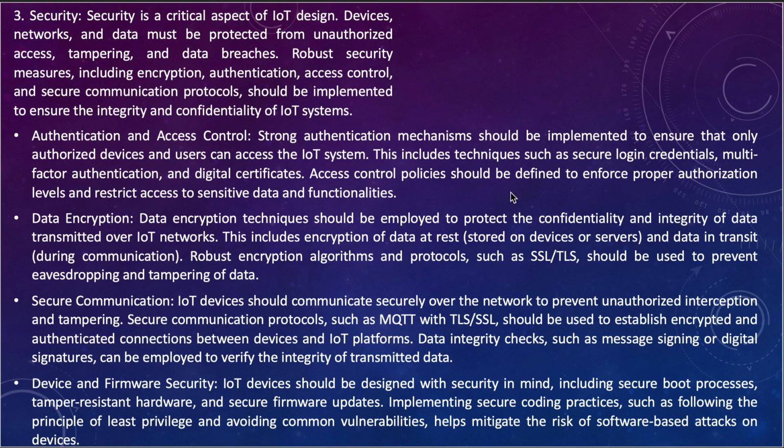This includes techniques such as secure login credentials, multi-factor authentication, and digital certificates. Access control policies should be defined to enforce proper authentication levels and restrict access to sensitive data and functionalities.